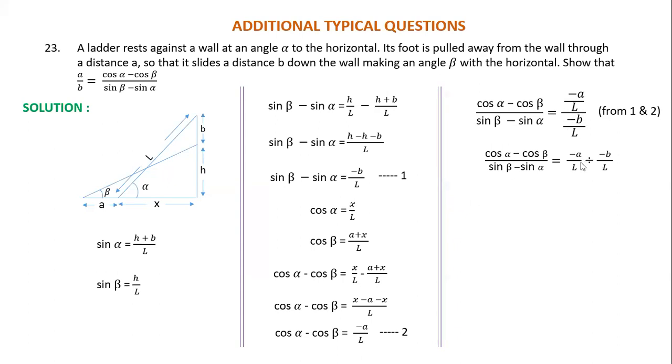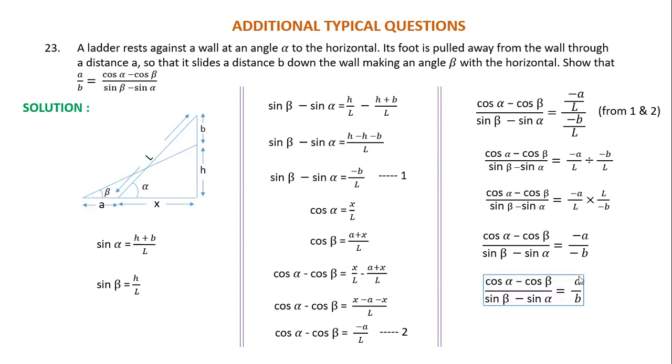So minus a upon L divided by minus b upon L. Division it is. So it will become into L upon b. L will cancel. Minus a upon minus b. Minus will also cancel, A upon B. So cos alpha minus cos beta upon sine beta minus sine alpha is equal to A upon B.